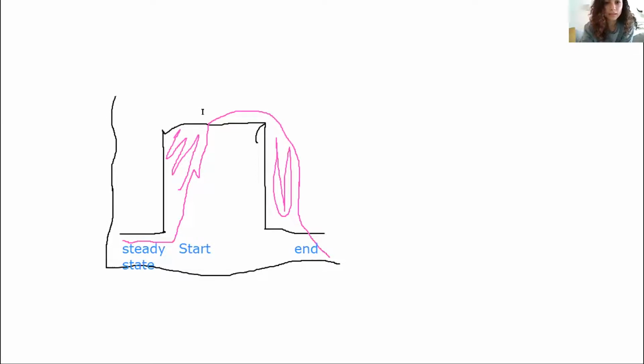And then here it's supposed to be sort of steady, and then let's say you end your exercise, the oxygen requirement is greater than what you're consuming. No? Which of these lines is requirement? The black one is requirement.